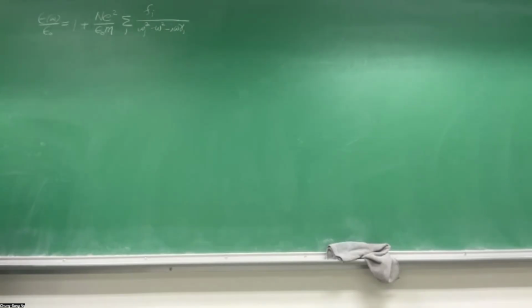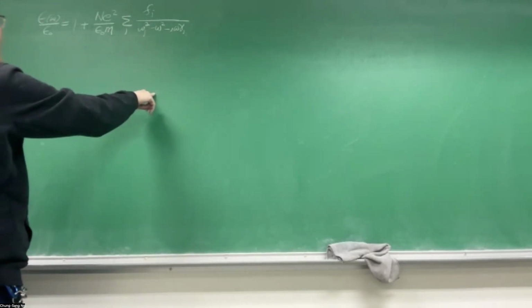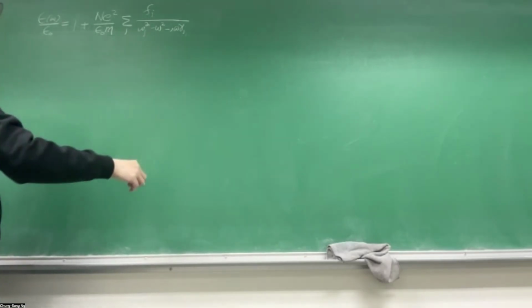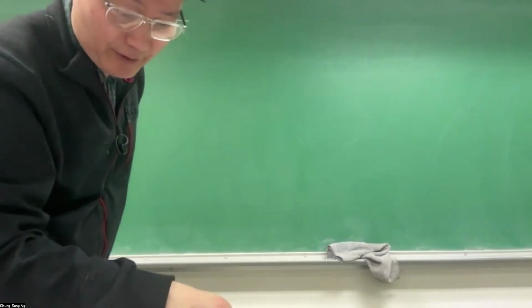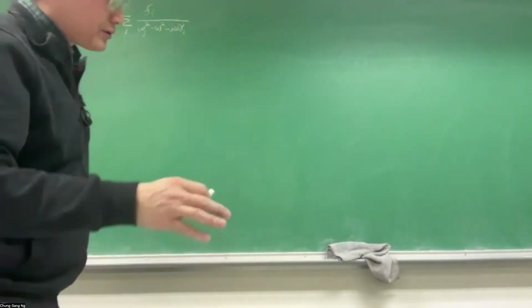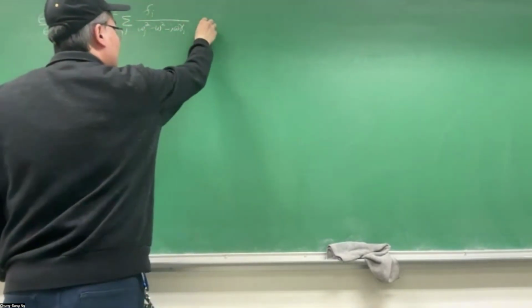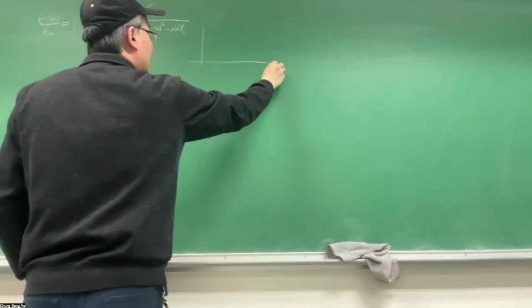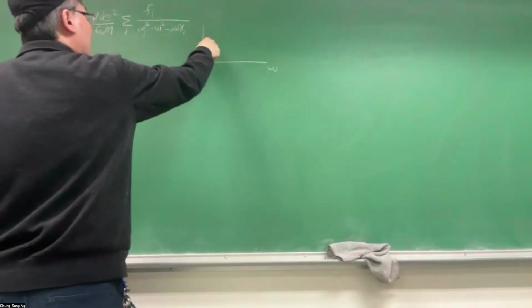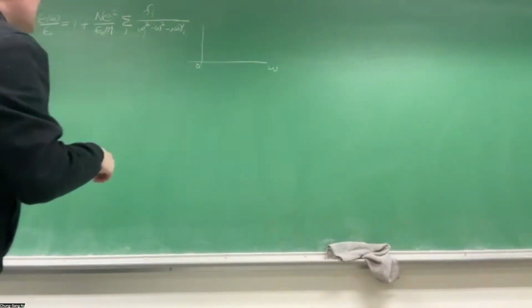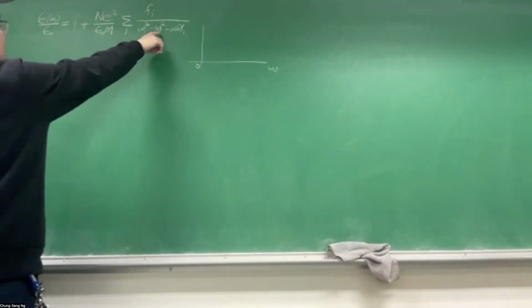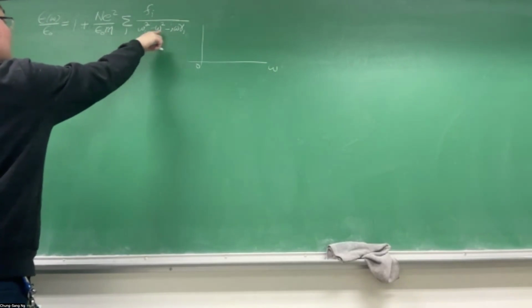First, you can look at when omega is small, so in the low frequency limit, and you can plot that. Jackson has this figure, 7.8, although it's schematic, so you have omega, and when omega is 0, you can set this to zero.